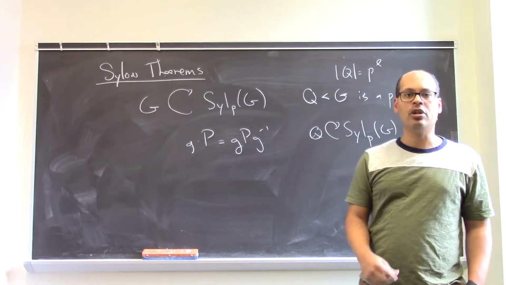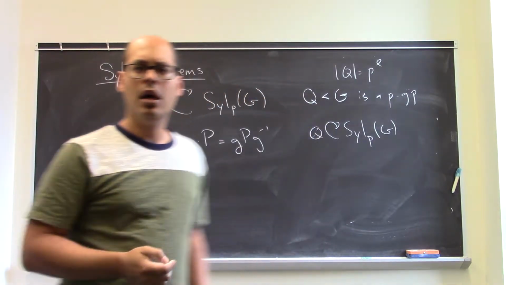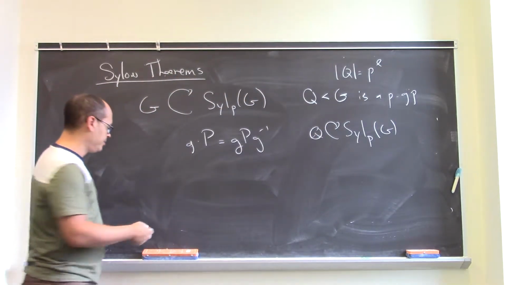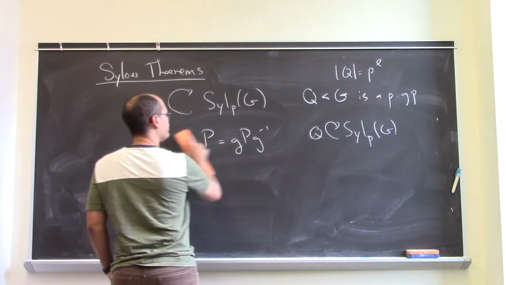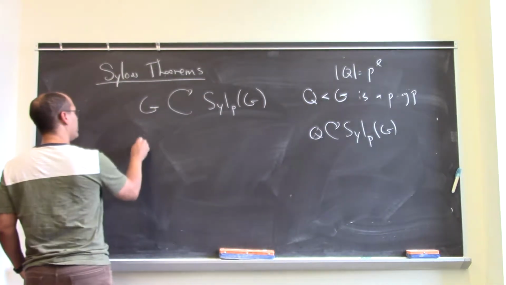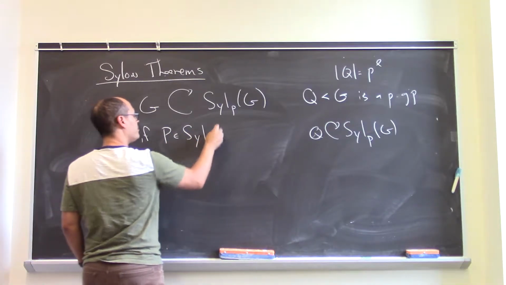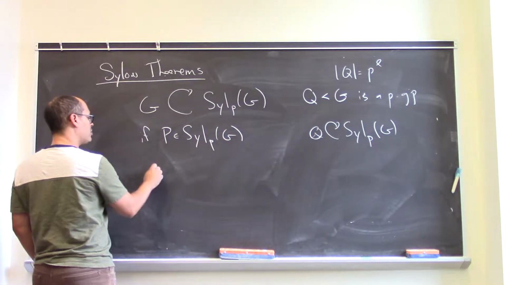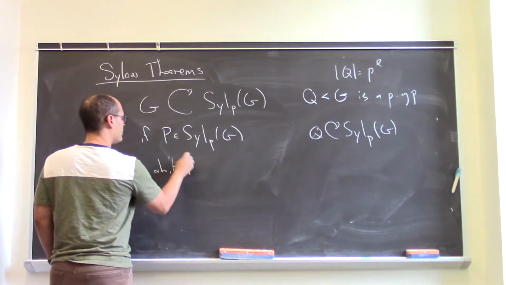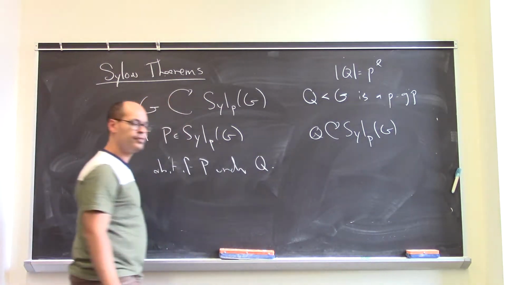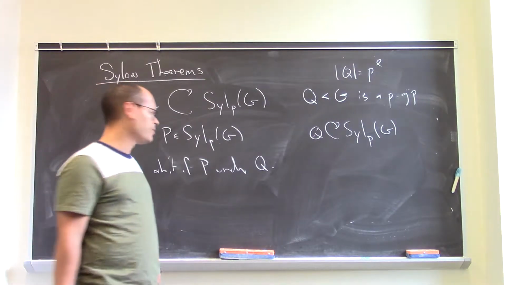And let's consider what we can say about the orbits under this action by Q. Okay? So if I look at a Sylow P subgroup P, then I can ask what's the orbit of P under Q. And then how big is that orbit?